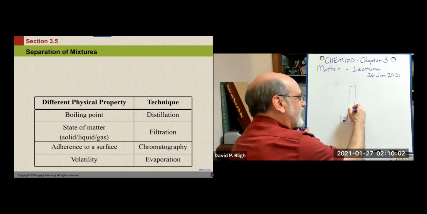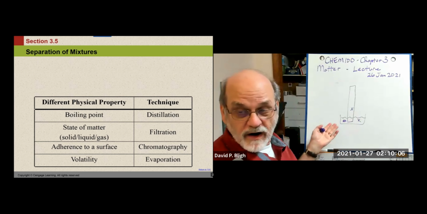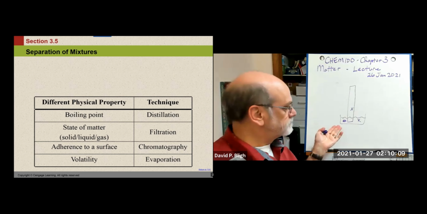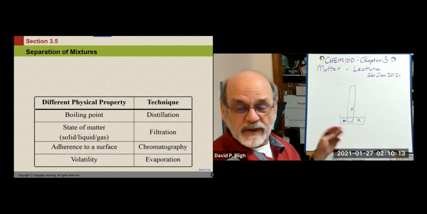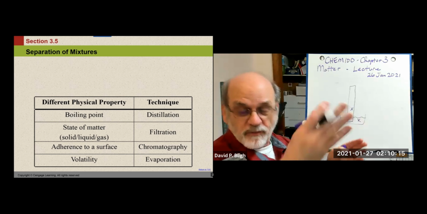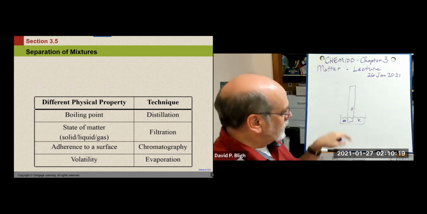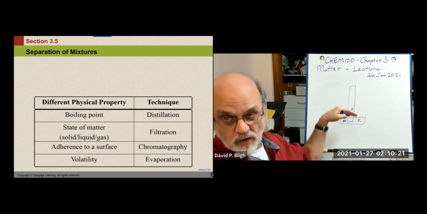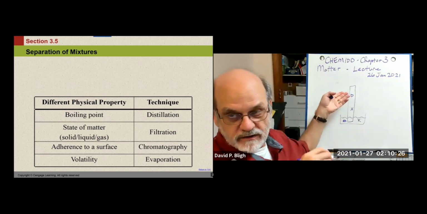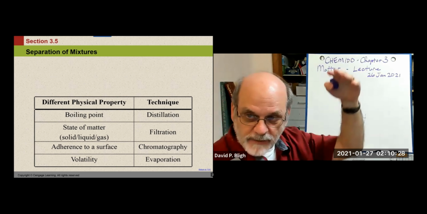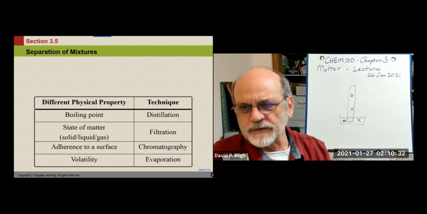So it stays behind. It stays low down on the paper. Whereas the circles, the O's, are not as strongly attracted to the paper. So they spend more time in the solution, and they move back and forth between the paper and the solution. If you spend more time on the paper, you sort of lag behind. So the circles will move faster, and you get those separated colors. That's chromatography in its simplest form.